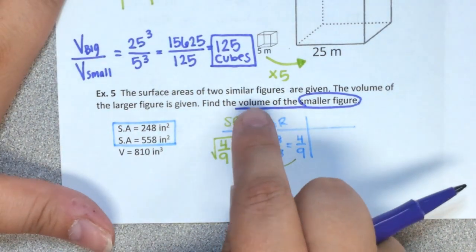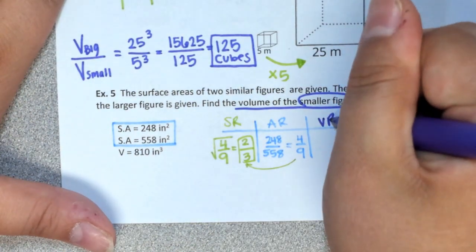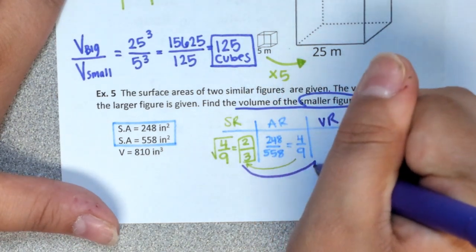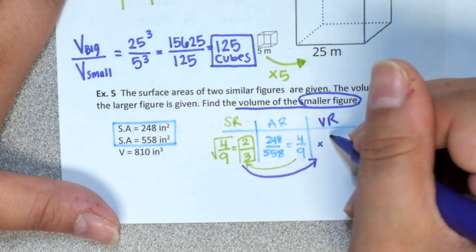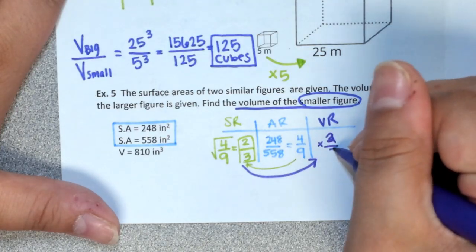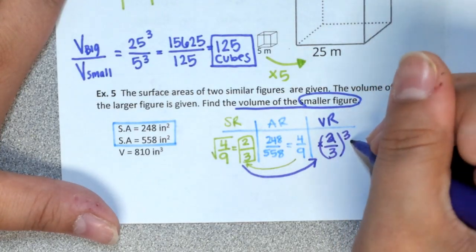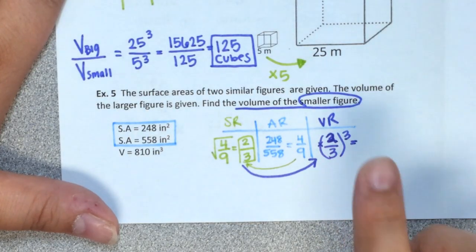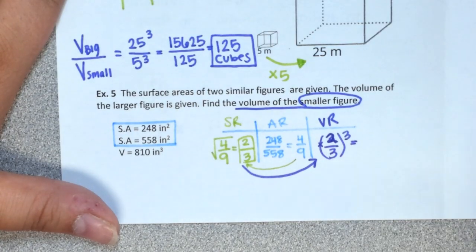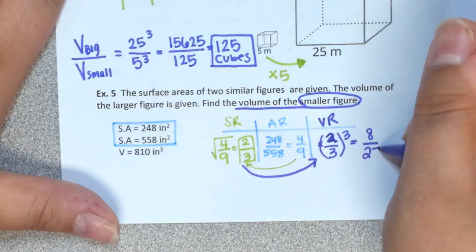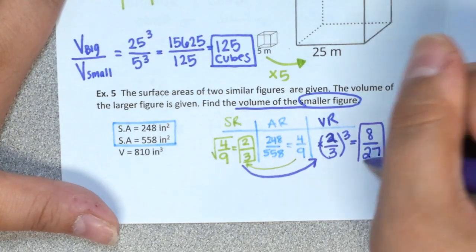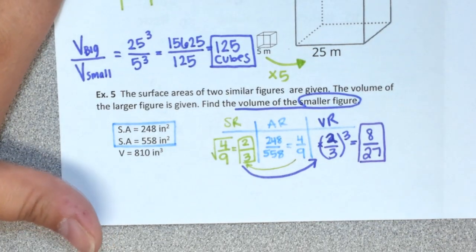I'm trying to find the volume. So I need to find the volume ratio. How do I find the volume ratio? 2/3 cubed. And you can put that in Desmos or do that in your head. What is 2 cubed? What is 3 cubed? So 8/27 is my volume ratio.